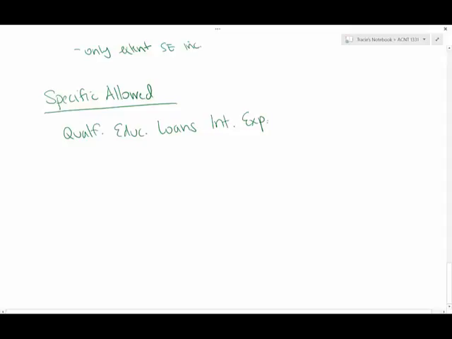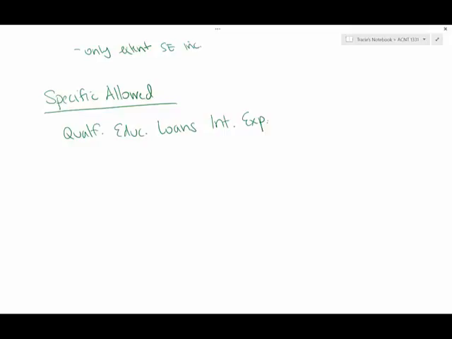So Congress has created two important deductions to encourage higher education expenditures, to encourage taxpayers to go to the university and community colleges. These expenses are allowed as deductions for adjusted gross income. The first one is a deduction that's allowed for interest on a qualified education loan.